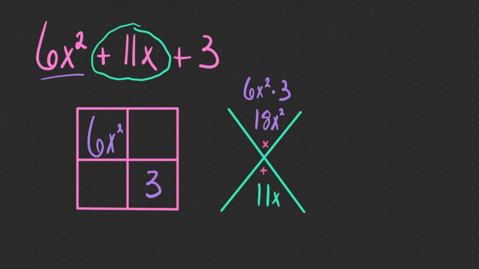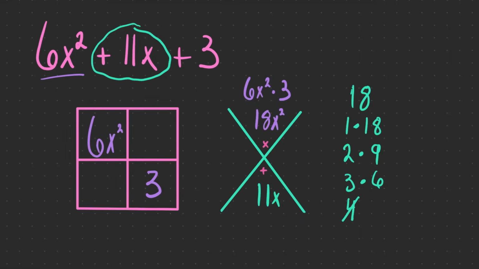So let's go ahead and list out the factors of this top number here, 18x squared. I'm just going to start by listing 18. So 18 can be written as 1 times 18, or 2 times 9, or 3 times 6, or 4, doesn't look like 4 works, does it?